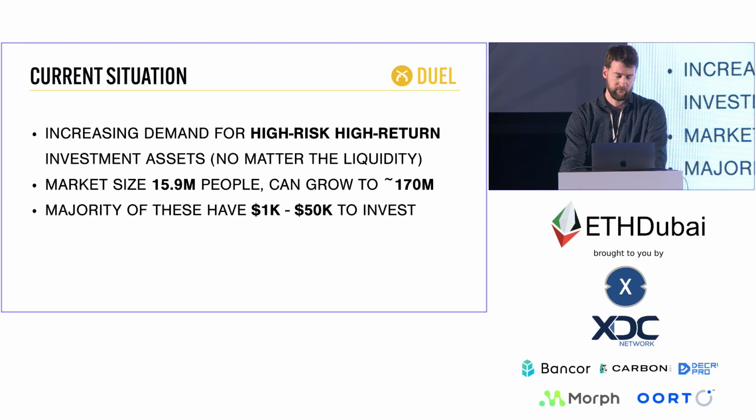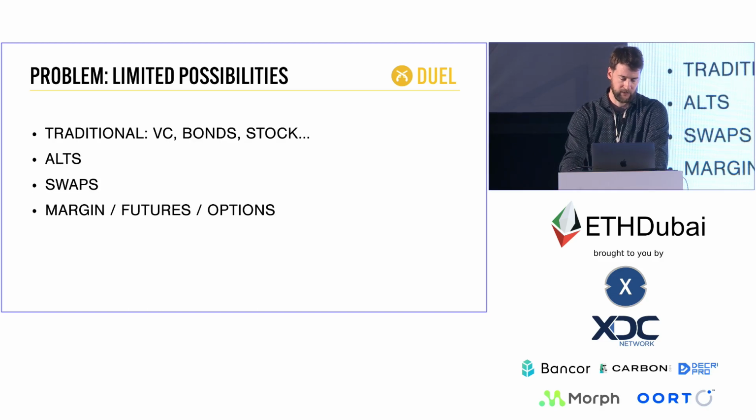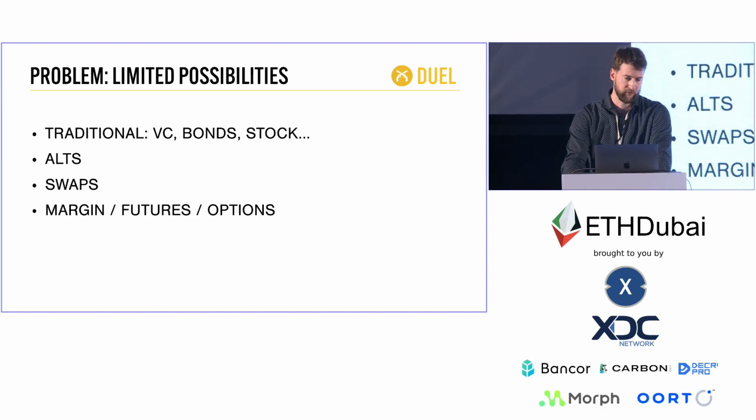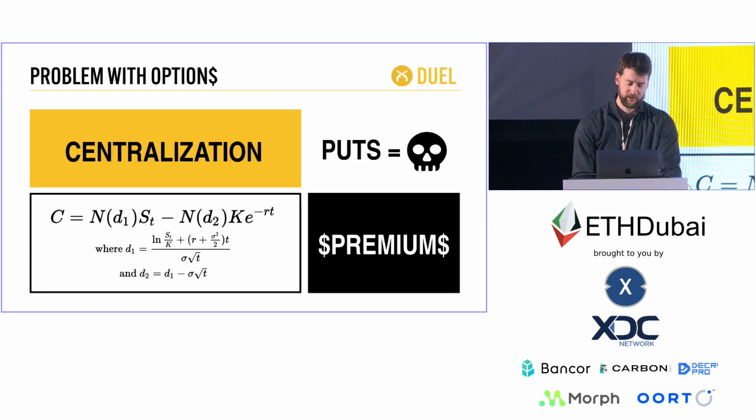These investors have $1,000 to $50,000 to invest into these high-risk, high-return investments. And options are really a great instrument if you compare them with other things, but they pose quite a lot of problems.